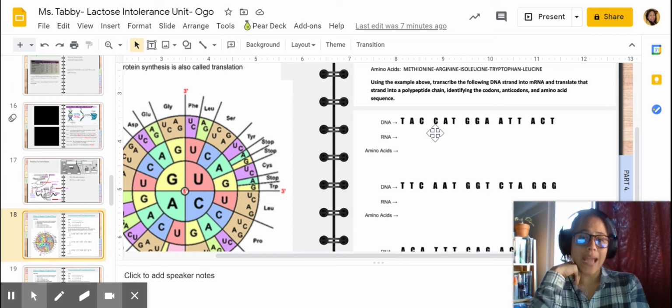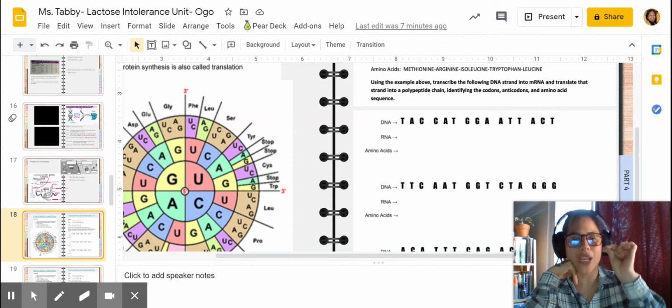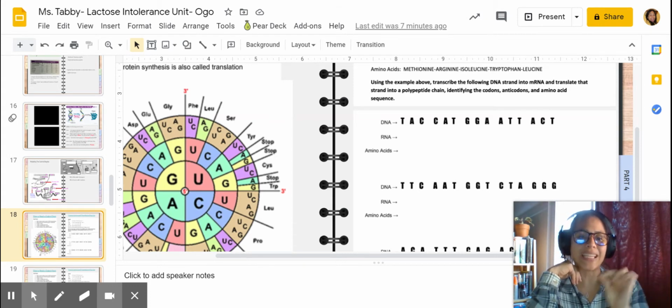Now, when we're talking about the transcription of DNA into RNA, we're looking at switching up a few things.